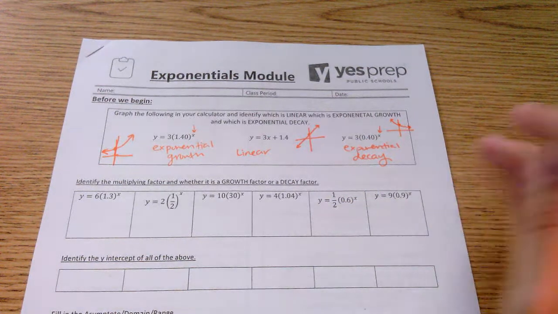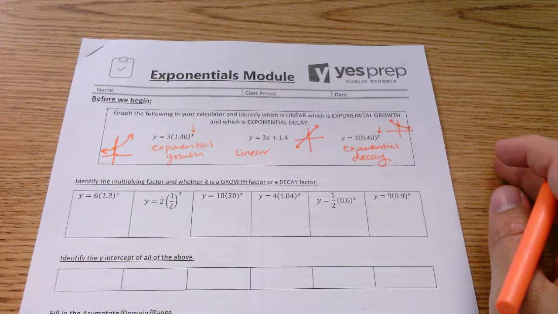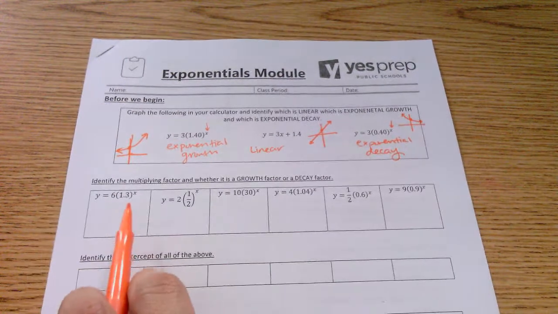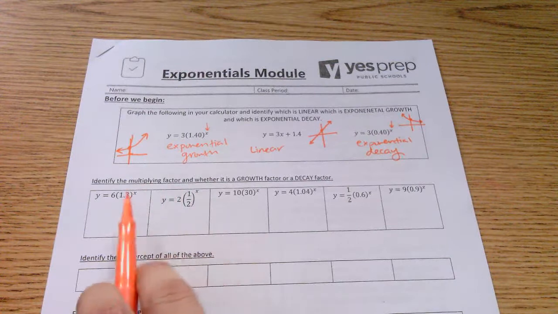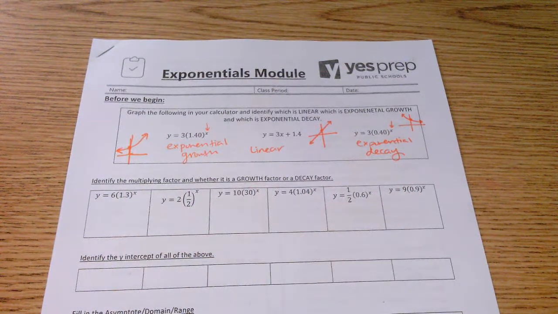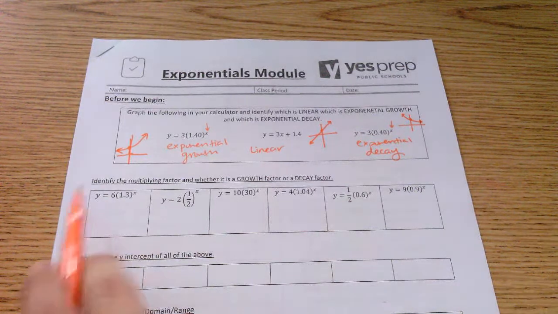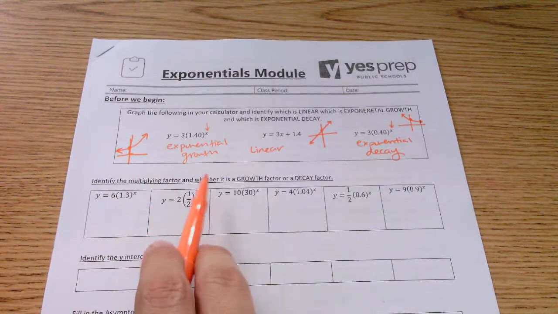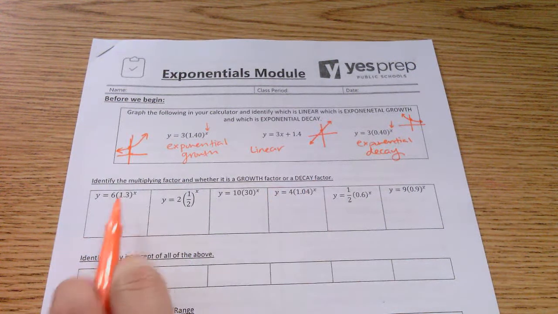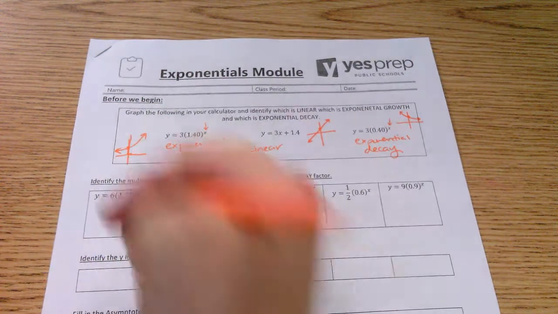Let's now go into the next question and better understand growth versus decay. I'll note first that the growth or decay factor will always be within the parentheses. So identify the multiplying factor and whether it is a growth factor or a decay factor. Here, 1.3 is the multiplying factor.